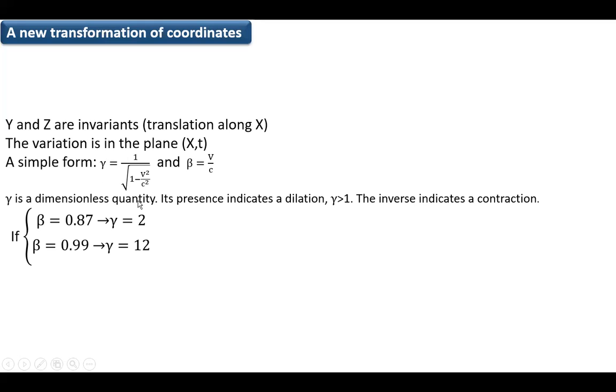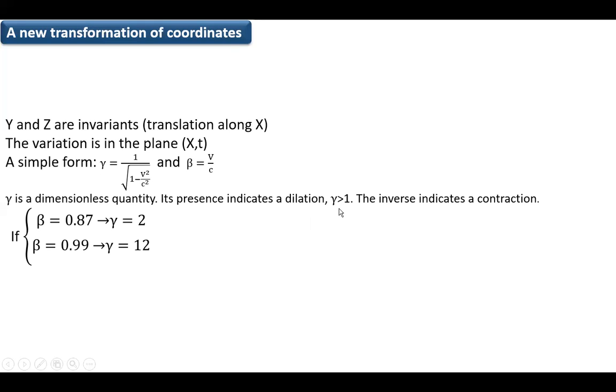So gamma is dimensionless. If you find gamma in an equation, it indicates a dilation because gamma is bigger than 1. You see the denominator is less than 1. It's 1 minus something. So 1 over a quantity which is less than 1. So gamma is always greater than 1.